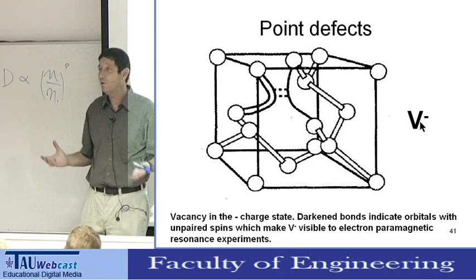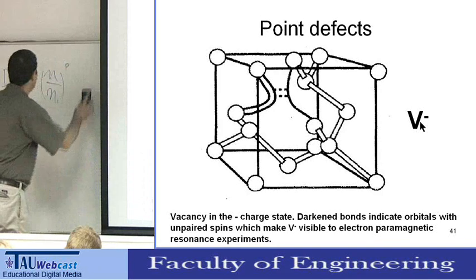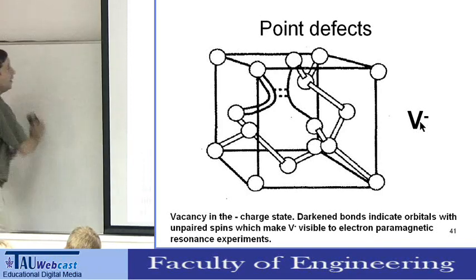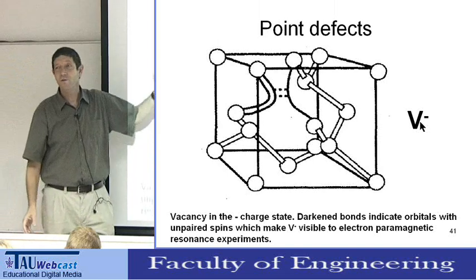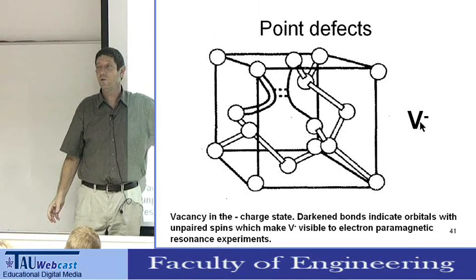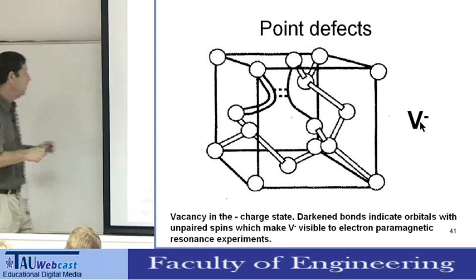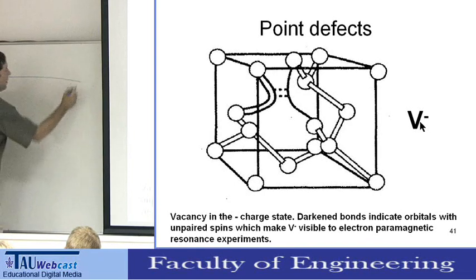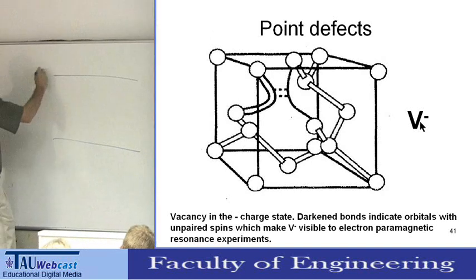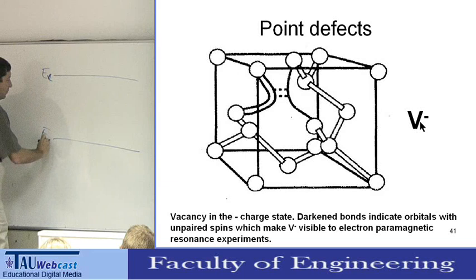Why is this important? It's important because whether the vacancy is charged or neutral depends on the Fermi level in the semiconductor. If you plot the energy band of the semiconductor, this is the valence band, this is the conduction band.